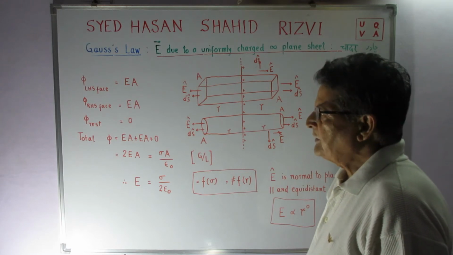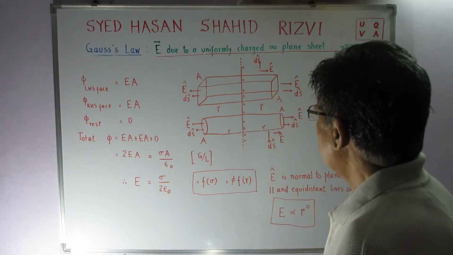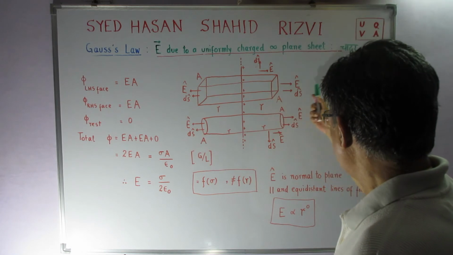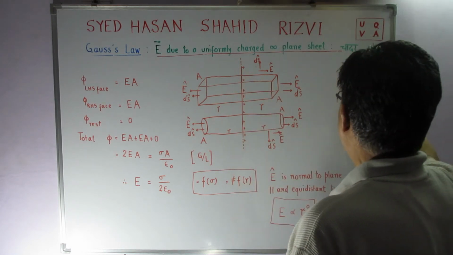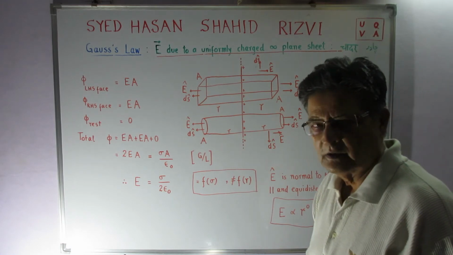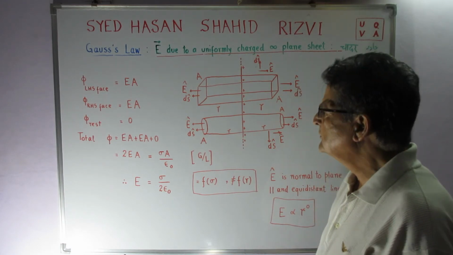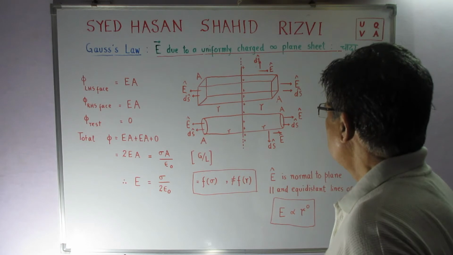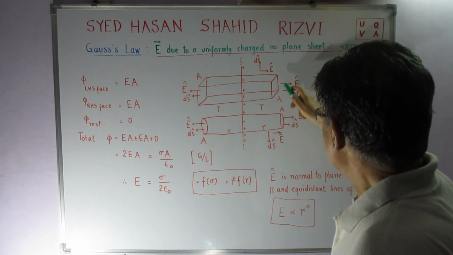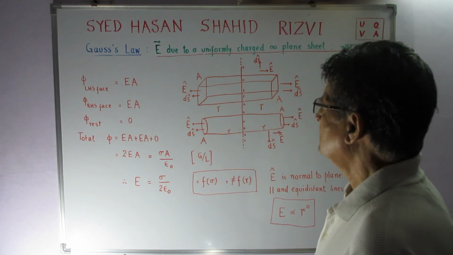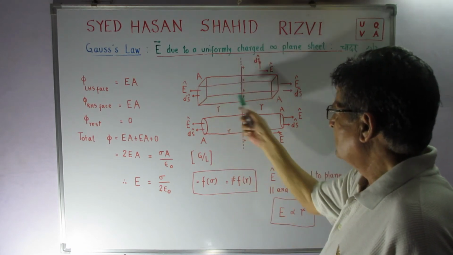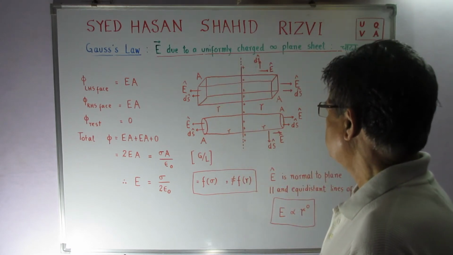Now what we expect is that the direction of the electric field will be normal to this sheet of charge. The E cap is like this, and now I have taken two kinds of Gaussian surfaces.